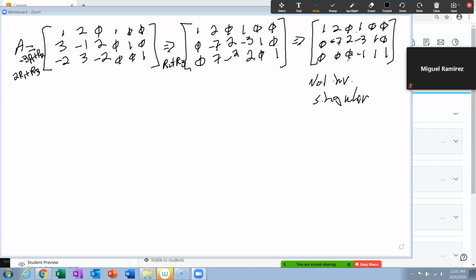Now, the next chapter, we're going to talk about something called a determinant. Jumping a little bit ahead, you can use Gauss-Jordan elimination, which is what we were doing here, to find the inverse of a matrix.